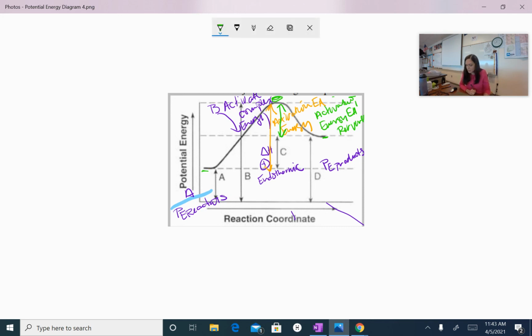Remember, the activated complex is up at the top. A lot of these will have actual scales where you can see how many kilojoules and read the graph. And it's a way that we can actually understand what's going on in the reaction.